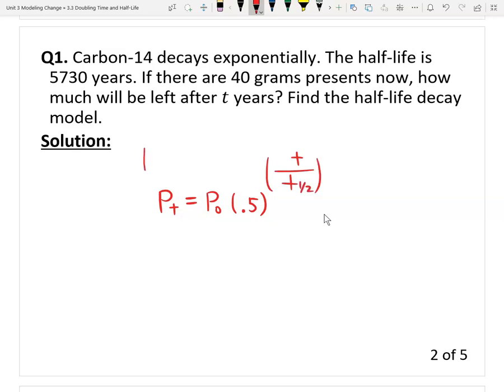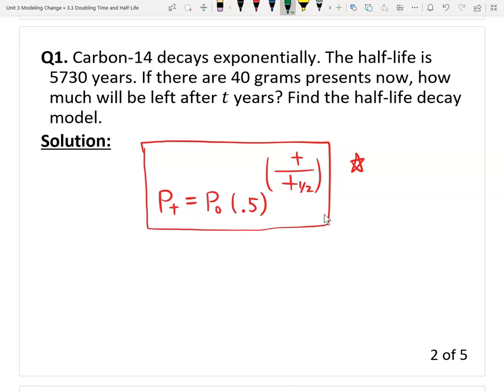Okay, that's the formula we need. Let me highlight. All we need is this formula. Now, what do we need to do? We need to find what P0 and T 1/2 are, right? So to put the model.